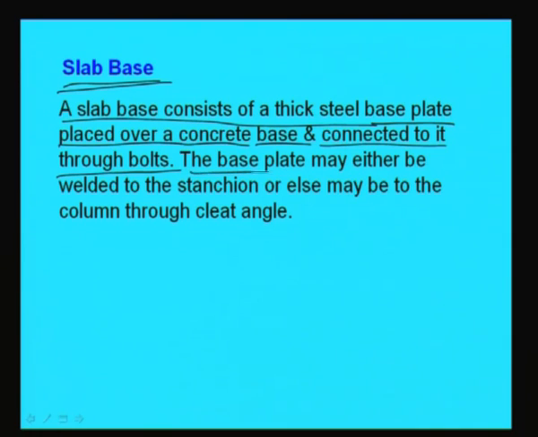The base plate may either be welded to the stanchion or connected to the column through cleat angles. It may be welded, bolted or riveted, as per the requirement and the site conditions. We have to see what sort of connections we are going to make, right.